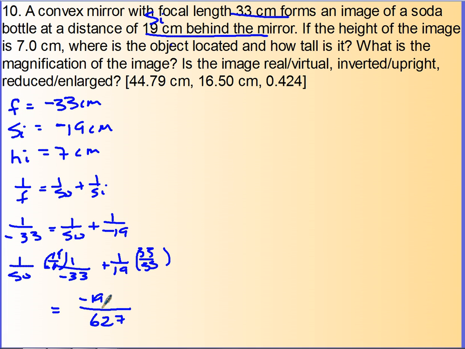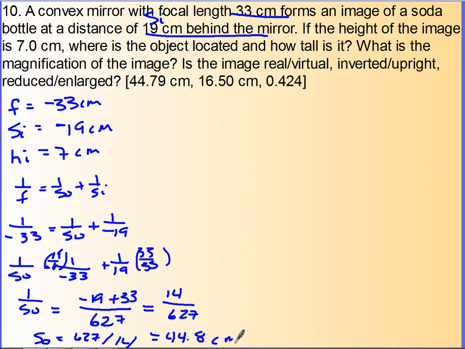So it'll be negative 19 plus 33, which is 14, that's positive, divided by 627. And that's 1 over SO. So SO is 627 divided by 14. And that number is 44.78. Let's just call it 44.8 centimeters.